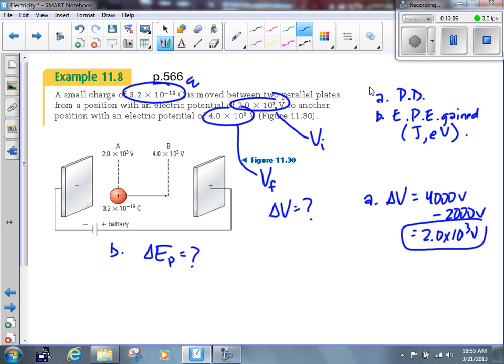Good. Let's say delta V is equal to delta E over Q. That's valid, right? Potential difference is potential energy difference divided by charge. Let's rearrange that and solve for delta E. We get Q times the potential difference. Now, we've already solved for the potential difference. It's 2,000 volts. The charge is 3.2 times 10 to the minus 19.